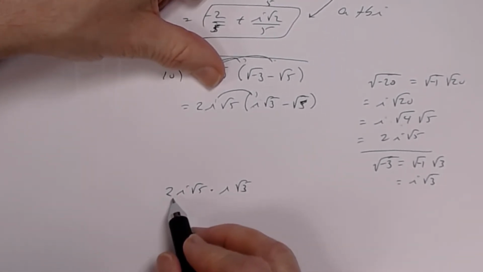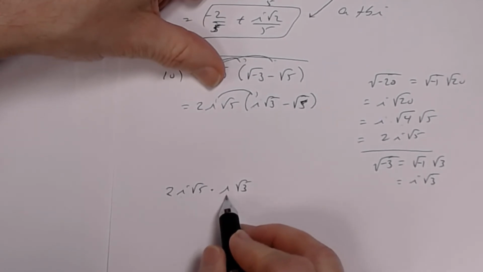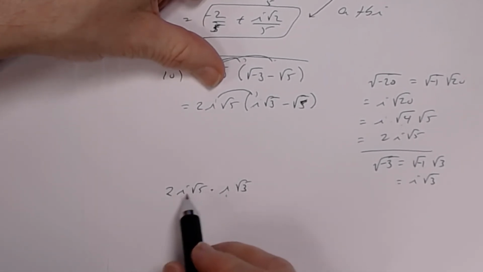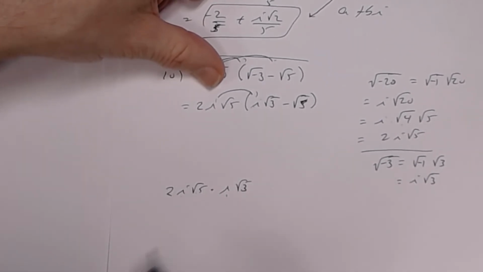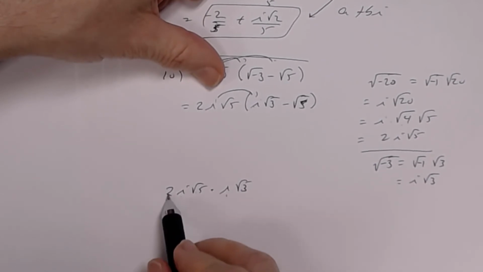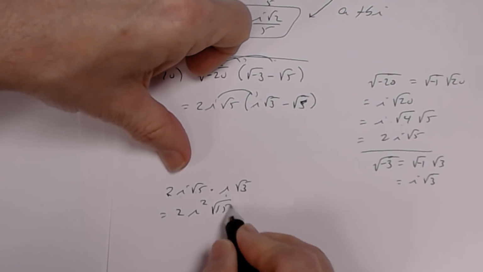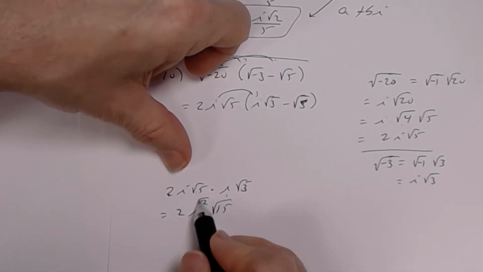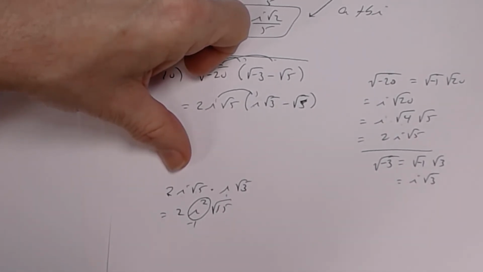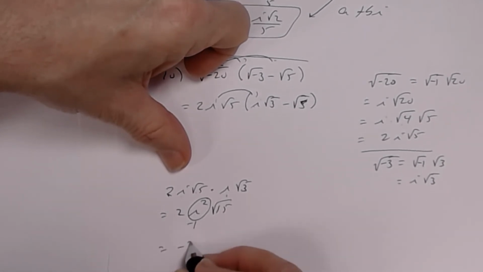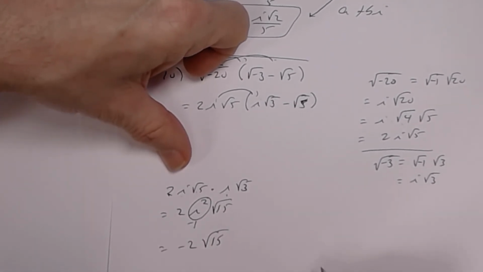So i times i is i squared. We know that, right? And then the square root of 5 times the square root of 3 is the square root of 15. And then all I have is 2. So I get 2i squared square root of 15. And I know that i squared is a negative 1, correct? So 2 times a negative 1 is a negative 2, so it becomes negative 2 square root of 15.